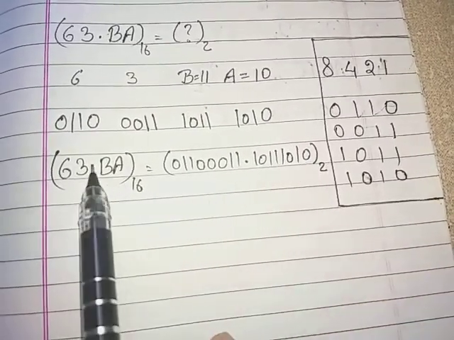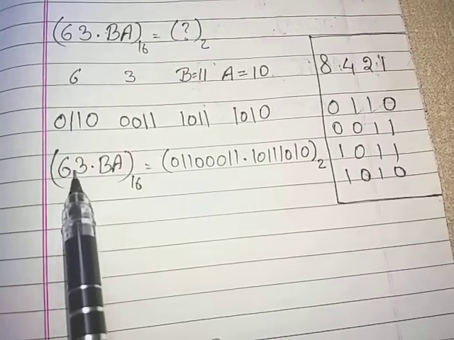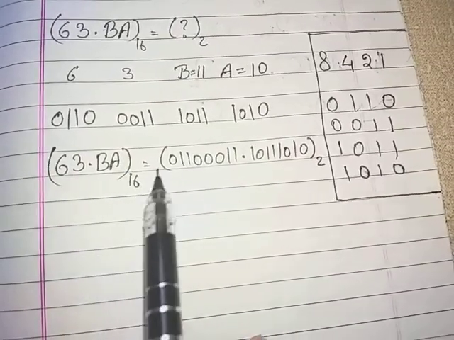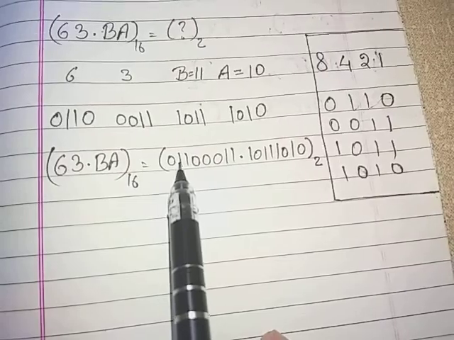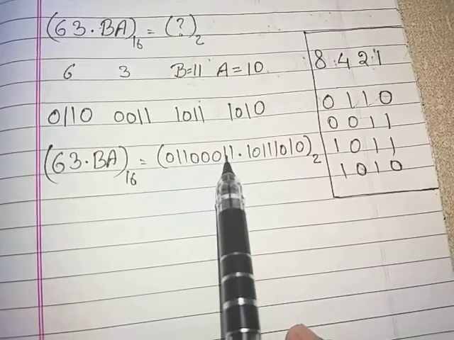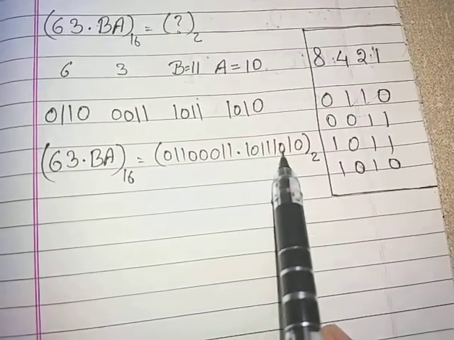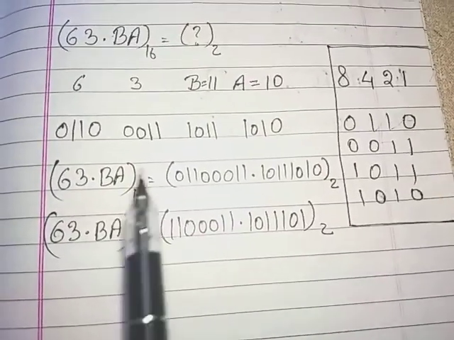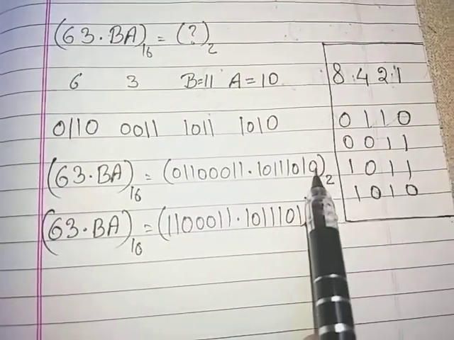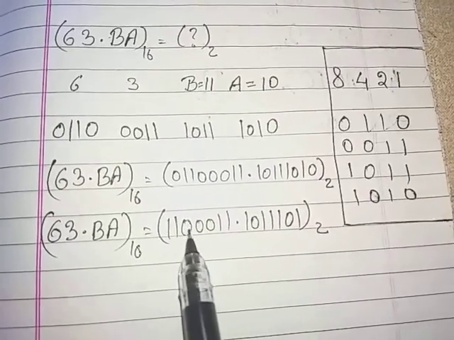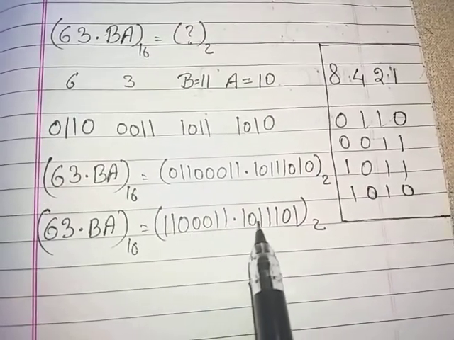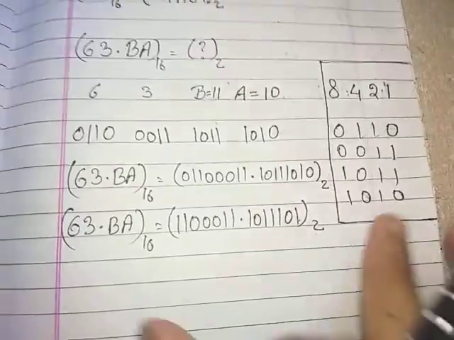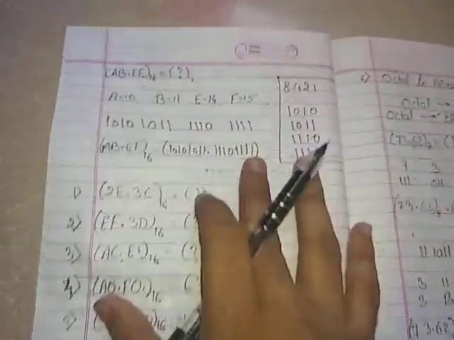Now we can say that 63.BA radix 16 is equal to 01100011.10111010. As we know that we can remove the leftmost and rightmost zeros, so we have 1100011.1011101 radix 2. Let's see one more example.